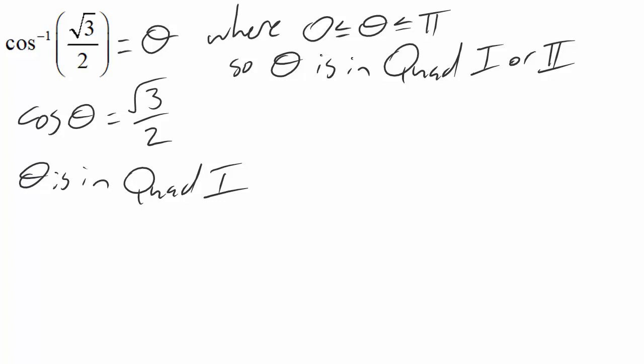Now we know that because cosine is positive in quadrants 1 and 4, but our restriction for cosine tells us that we have to be in either quadrant 1 or 2, and so where those two conditions overlap is going to be our quadrant 1. So that's where we're going to draw our triangle.